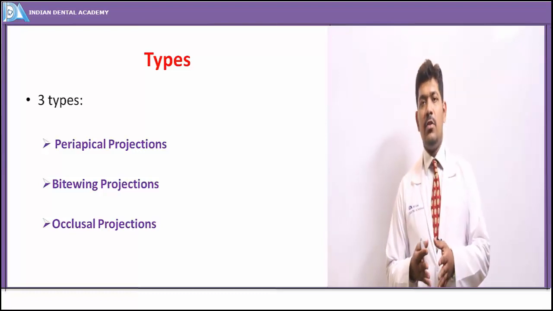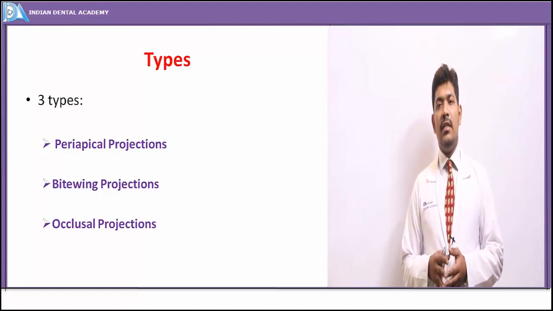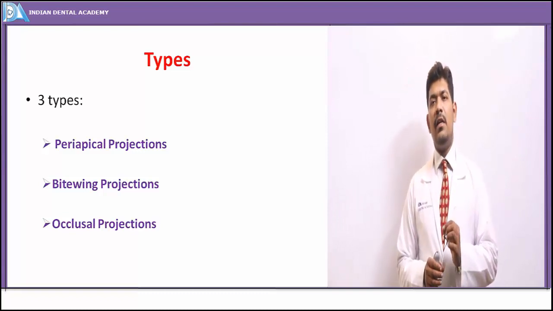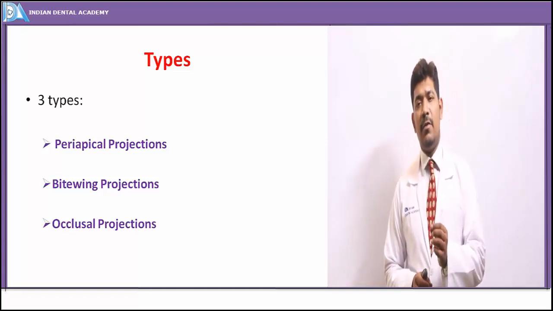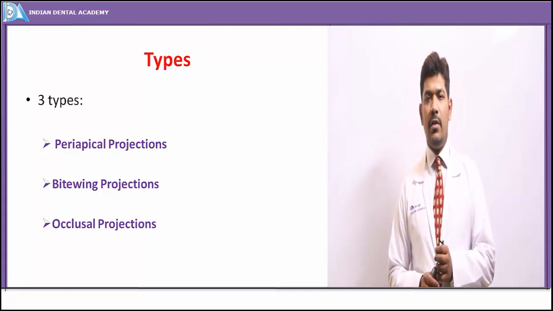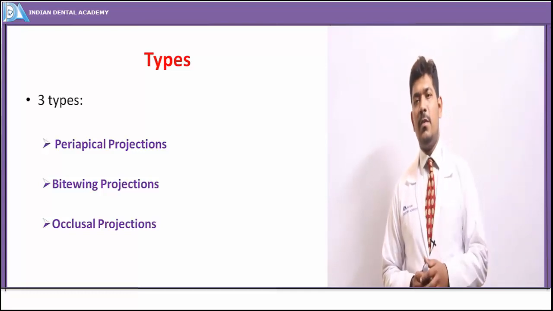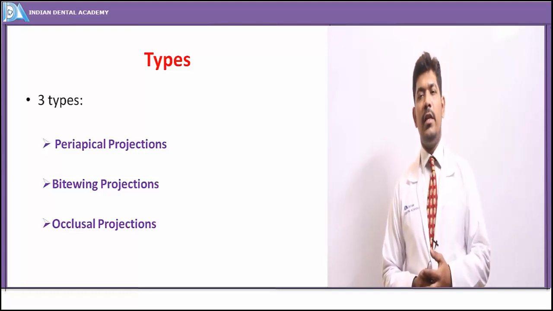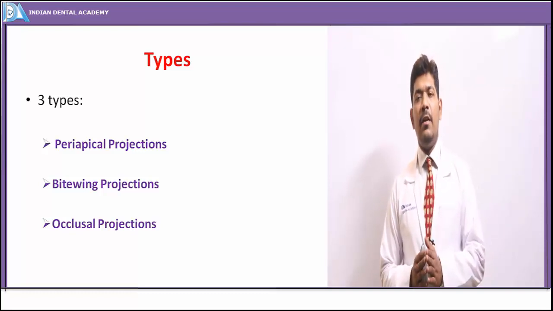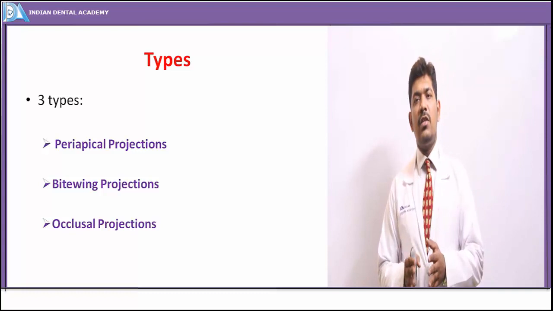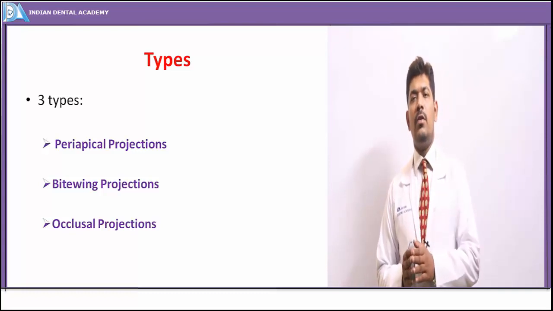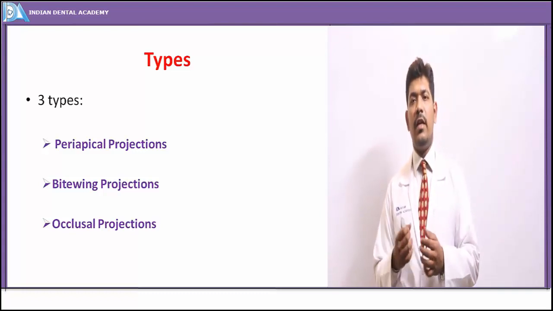The first one, as the name suggests, is limited to the periapical region. That is to say, if a dental physician needs information on the periapex of one specific tooth, then we use this radiographic projection to obtain information of that tooth and its surrounding structures, with or without helping information from the surrounding teeth.